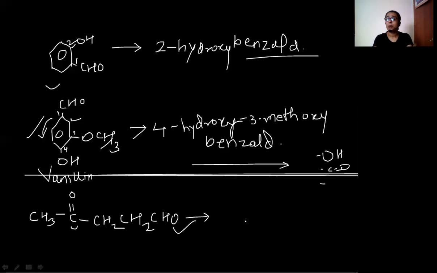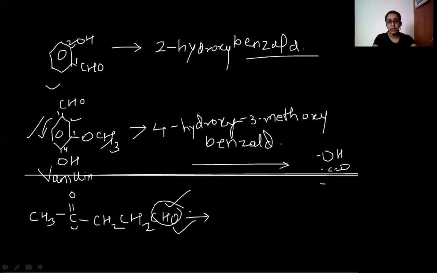ये वाला group OR है, so at that time this group are considered as a substituent and aldehyde group is considered as a principal functional group. So just remember that chart which is given to you, like a preference of the functional group, carboxylic acid, then there is acid, then there is ester, acid anhydride, all that thing.